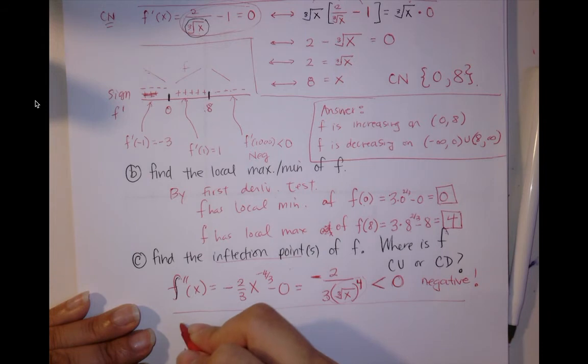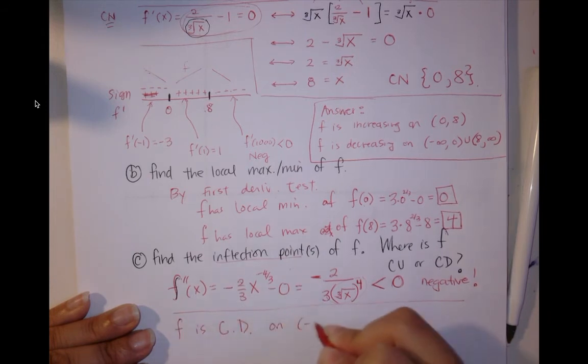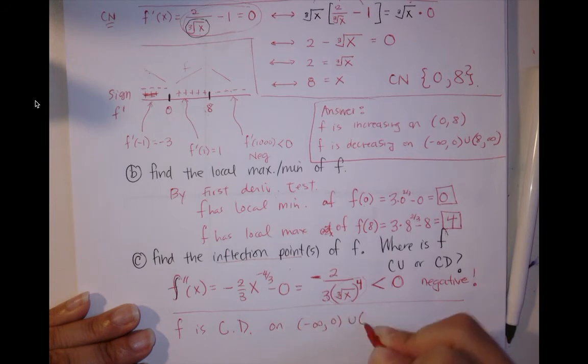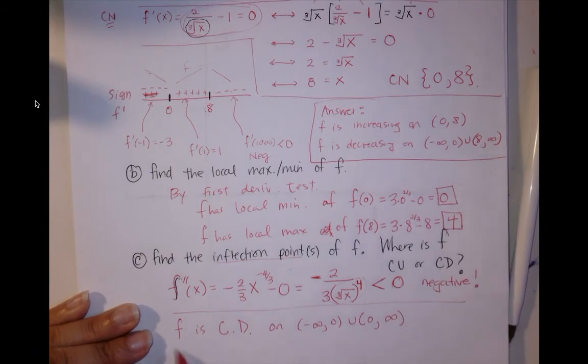So this implies that f is concave down. This function is really always concave down because the second derivative is always negative wherever it's defined. So that really answers the question, and there won't be any inflection points.